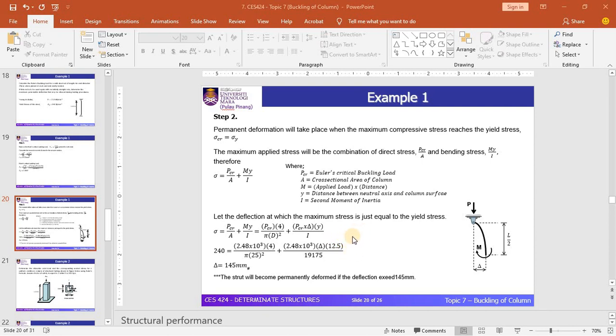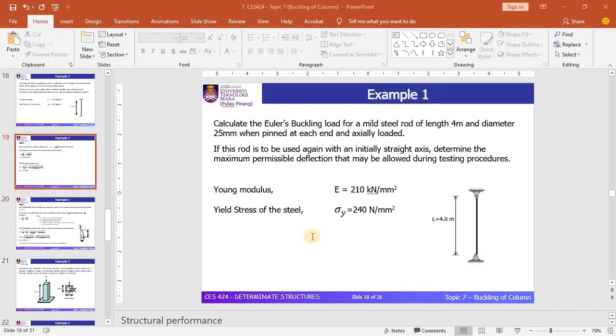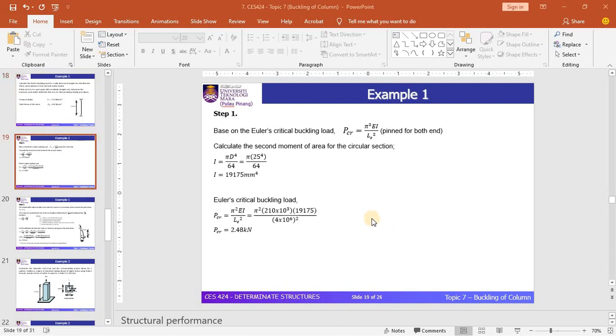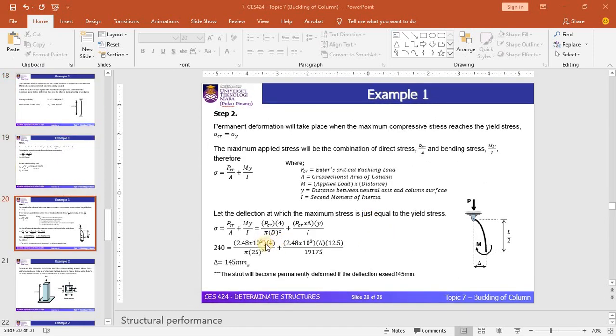Basically, all the parameters are already obtained, so you can simply substitute into the equation. Sigma is referred to as 240, which is sigma y, 240 Newton per millimeter square. What you can see in this equation is that the only unknown is the deflection, or the delta.